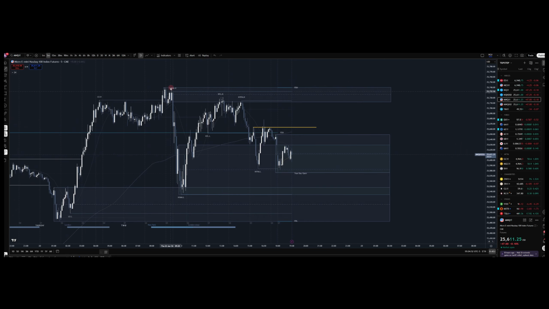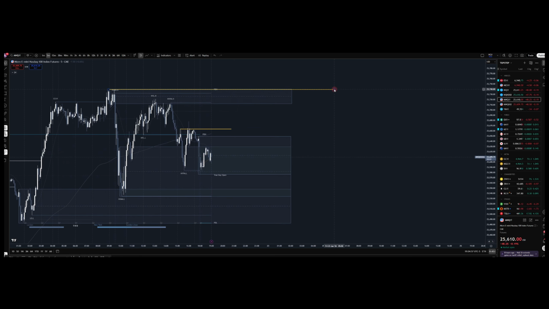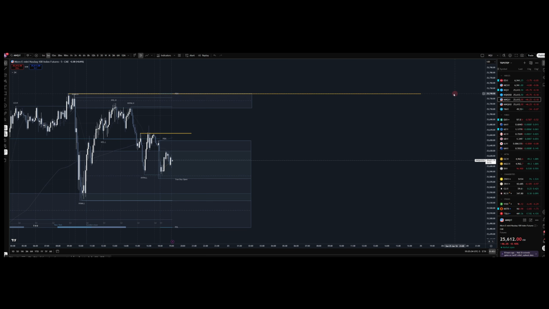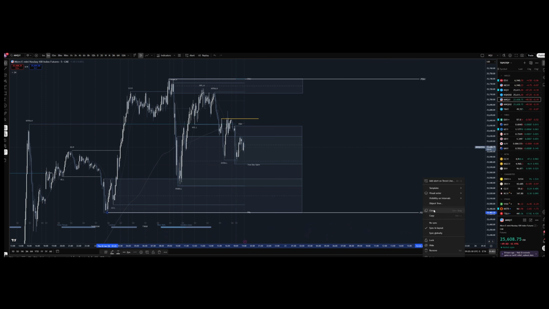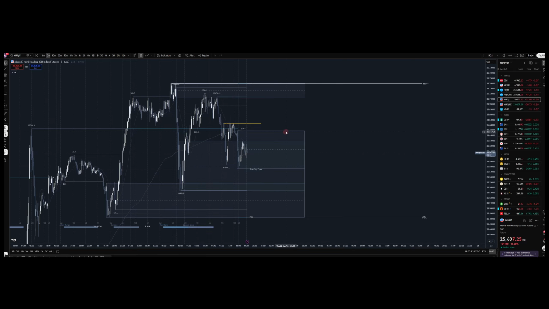So first thing we do, we're going to do our previous day high. Drag this out to 1800, on our PDL. We're going to do OTE of that range. Just get rid of some of these zones.